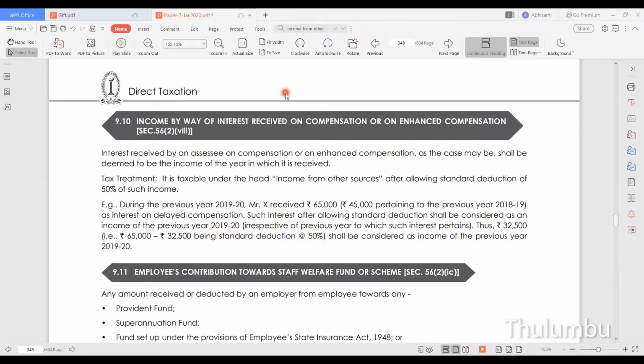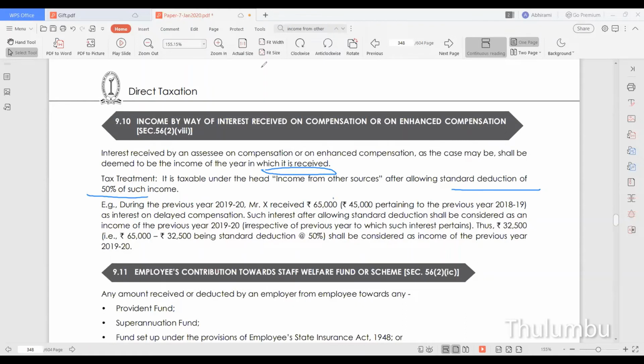If they gave that compensation late, that is, compensation due in 2015 is given in 2020, they will pay some interest on that compensation. That interest is taxable under income from other sources after a standard deduction of 50%. So in this case I receive 65,000. The point to be noted is that it is taxable in the year in which it is received, after a standard deduction of 50%.